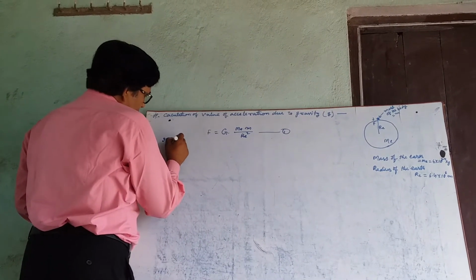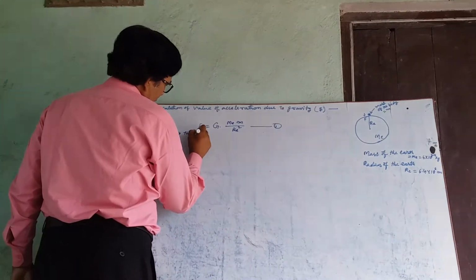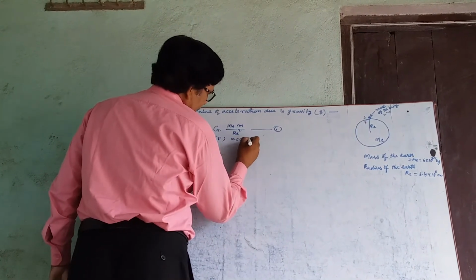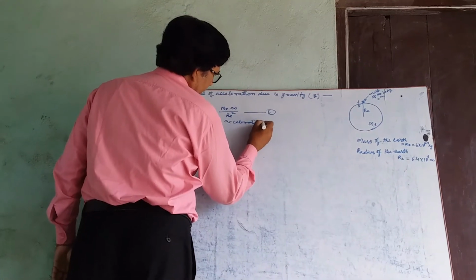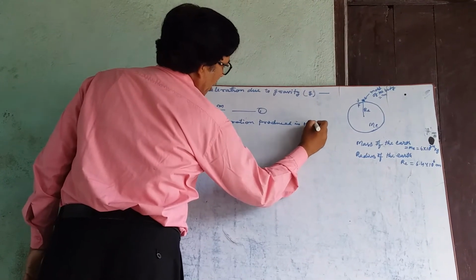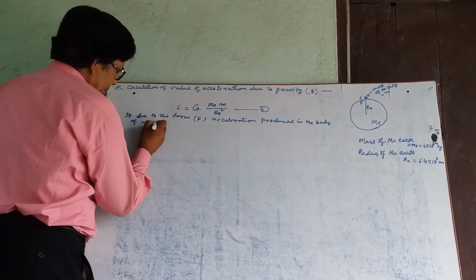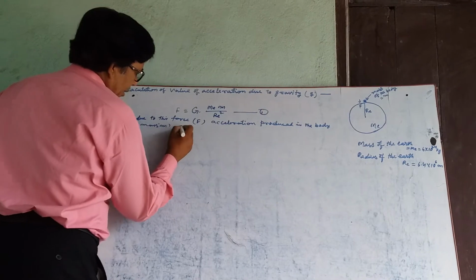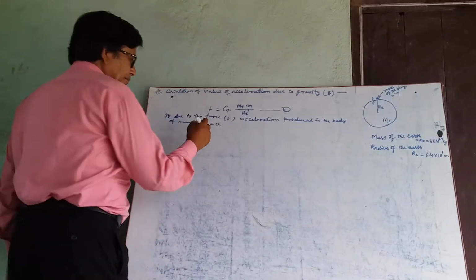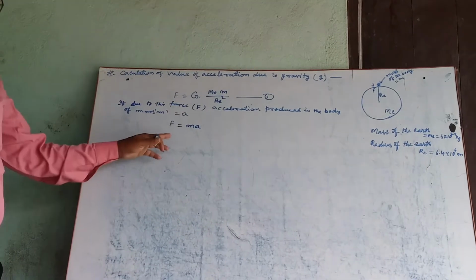If due to this force F, acceleration a is produced in the body of mass M, then F is equal to ma by Newton's second law of motion.